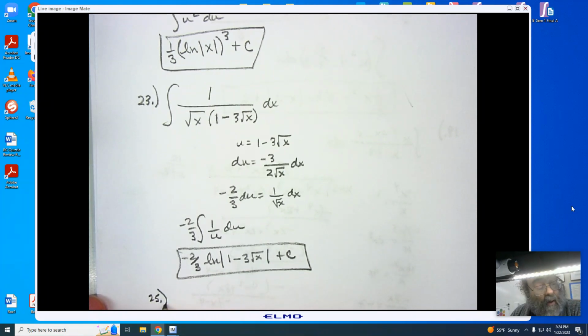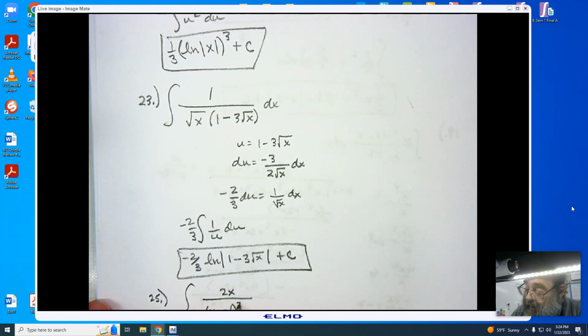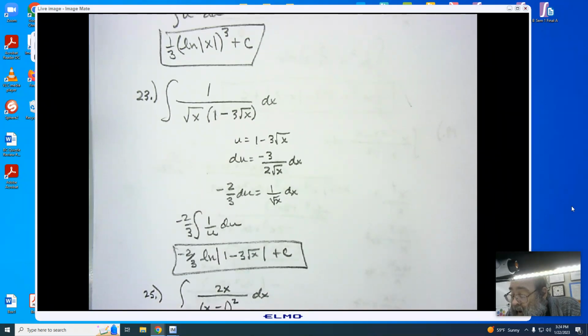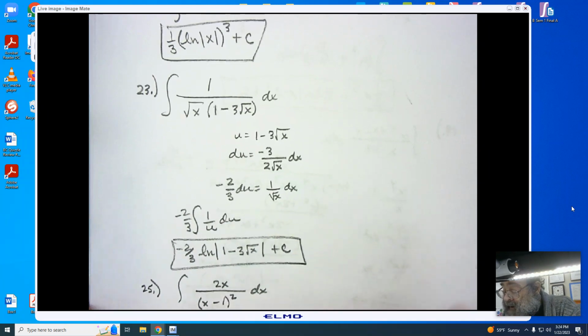25 gives us a 2x on top. We have this x minus 1, the quantity squared. We have a dx. All righty. Well, you know, I'm just going to have to say I think that there's probably a way in which I can do this.